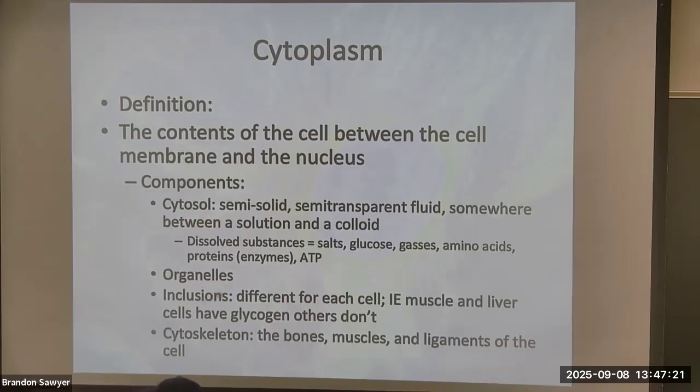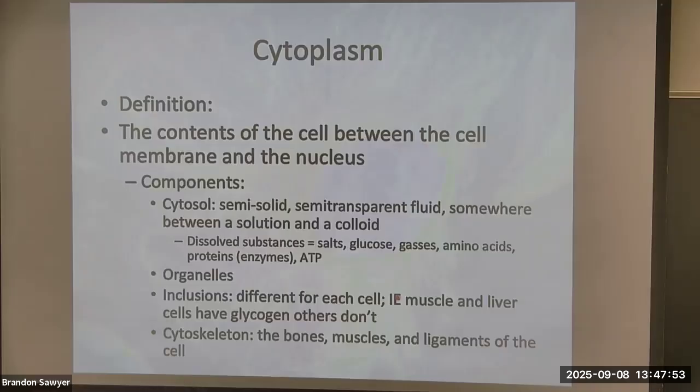Then we have the cellular organelles. We'll talk about those more as we move on, but the rough endoplasmic reticulum, the mitochondria, all those things are like little mini cells inside the cell that have all kinds of functions. Then certain cells have unique parts, which are the inclusions. For example, we have two primary places in our body where we store carbohydrate in the form of glycogen, which is just a bunch of glucose molecules strung together.